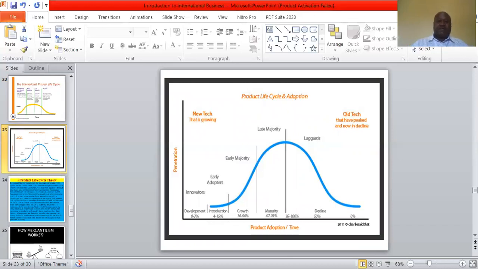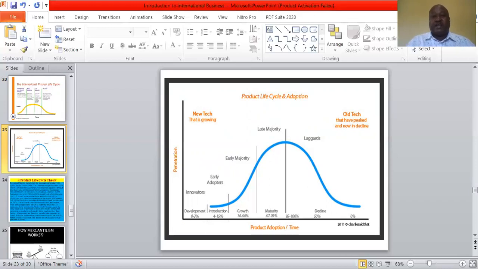You can see in the beginning we have got innovators, and we get some introduction of 4 to 15% early adopters of the innovative ideas. Then we have got the early majority. There is a rapid growth of 16 to 66%. New technology will be growing at a rapid pace.